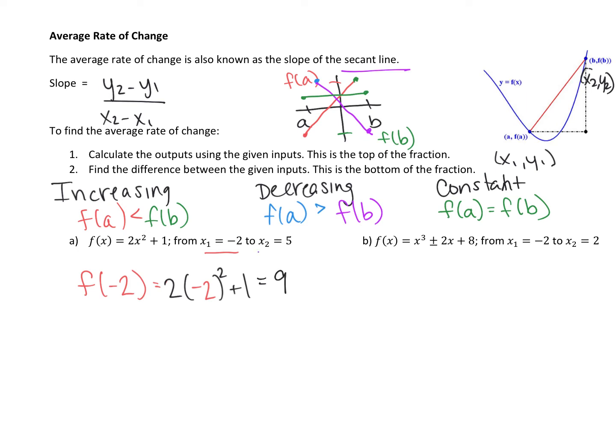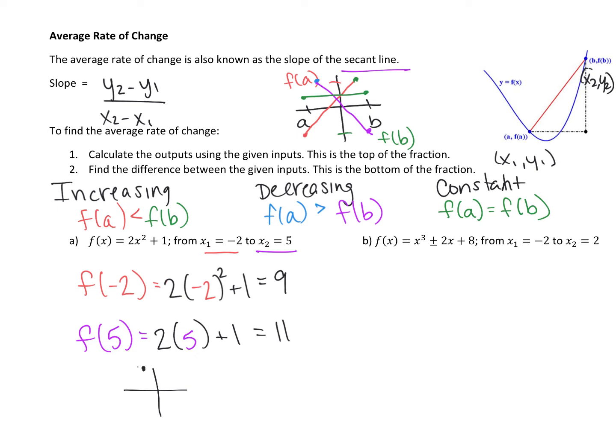I'm going to do the exact same thing at x2. So f of 5 means plug in 5 for every x now. So that's 2 times 5 squared plus 1. You notice here 2 times 25 is 50, plus 1 more is 51. So notice that our first point, f of A, was at -2 for the x, and then it ended up at 9, so that'll be somewhere like this.